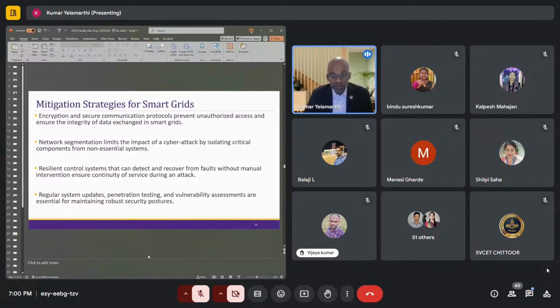So again, there are different mitigation methodologies. The simplest and most straightforward one is do not put the raw data on the grid. Encrypt the data, and ensure secure communication protocols are used continuously in every communication.